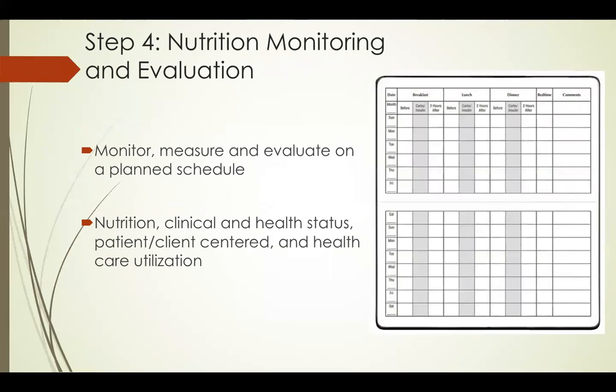So, for example, we need to monitor progress and measure outcomes. And this is for the nutrition monitoring and evaluation step. This would be after we have our intervention, we're going to monitor how well it worked.